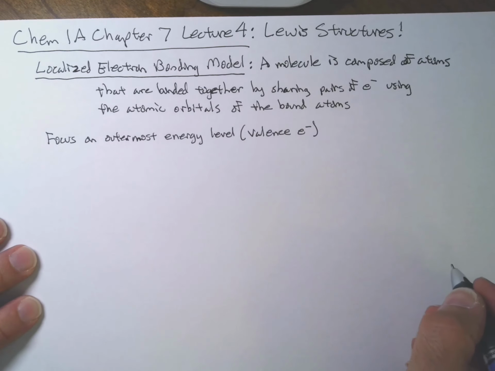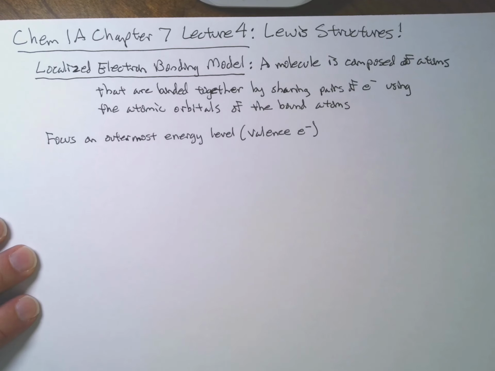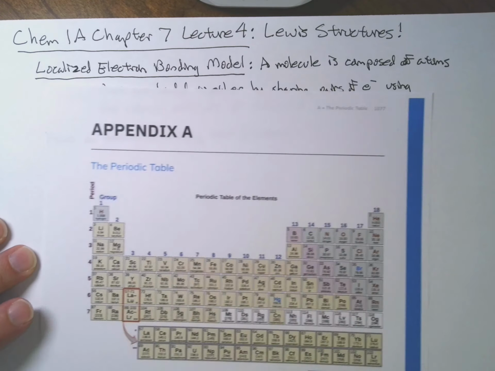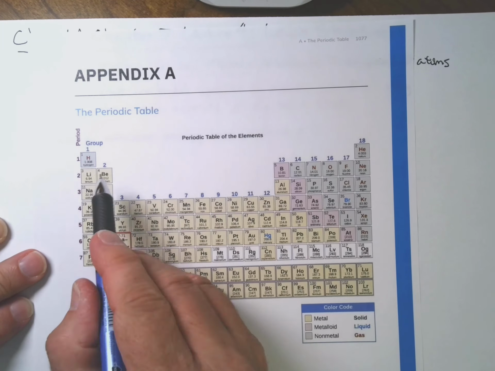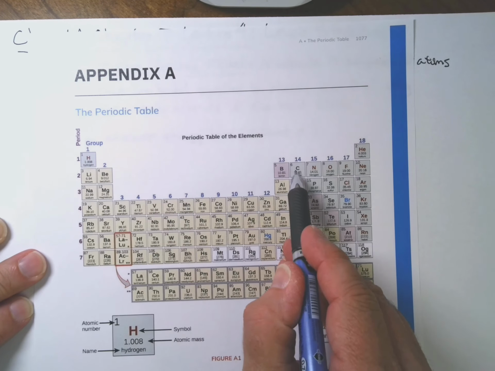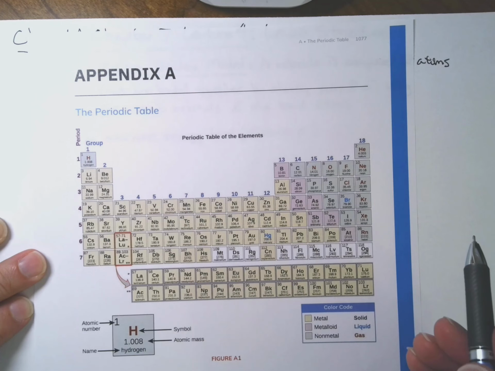I can calculate my valence electrons by simply counting. Oxygen has 1, 2, 3, 4, 5, 6 valence electrons. Chlorine has 1, 2, 3, 4, 5, 6, 7 valence electrons. N equals 1 and N equals 2 for chlorine are considered core electrons, and we only worry about the valence electrons for our bonding.